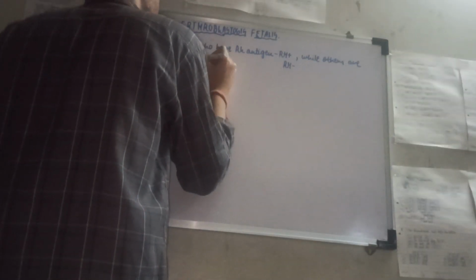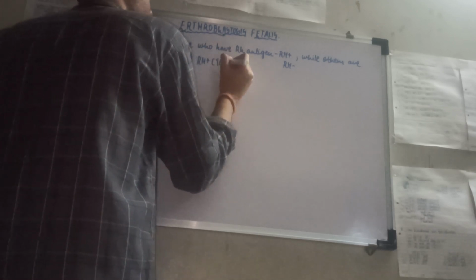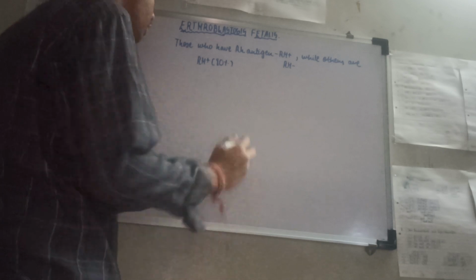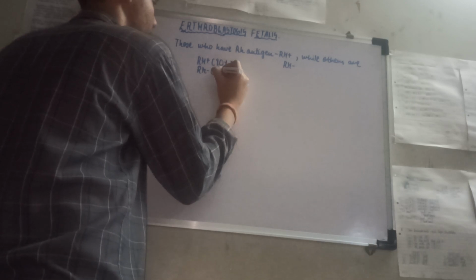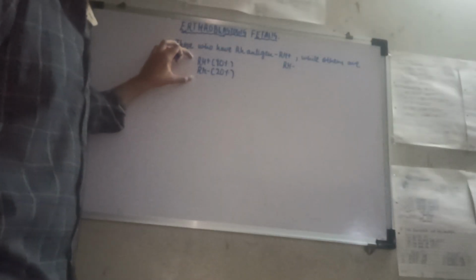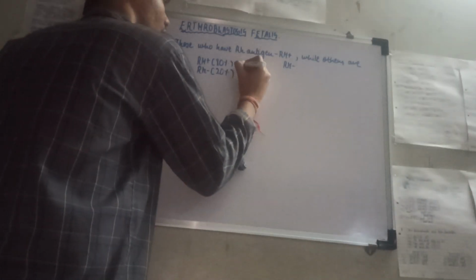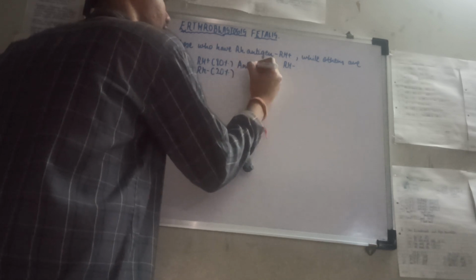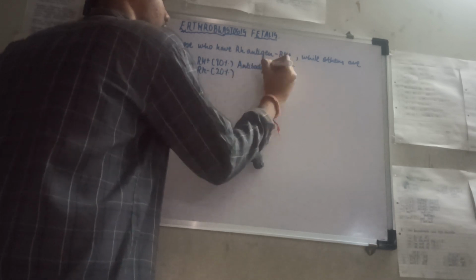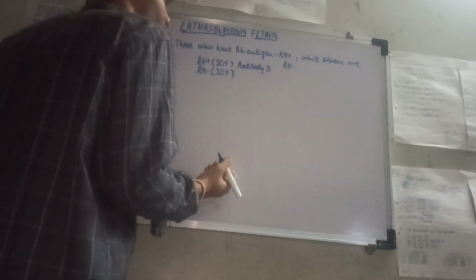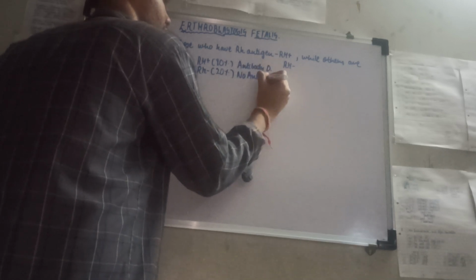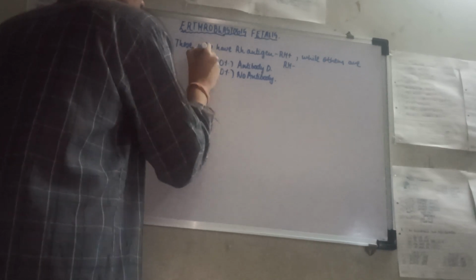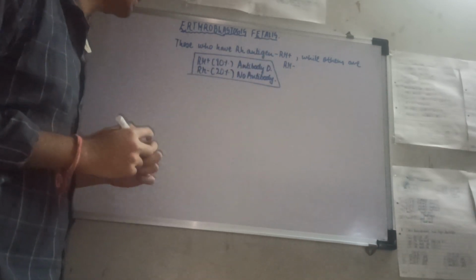So 80% people are RH positive and only 20% people are RH negative. RH positive people have antibody D, while RH negative people have no antibody. So this is the key difference between them.